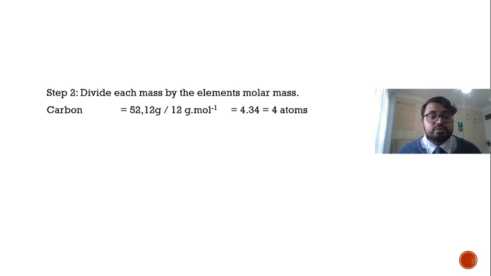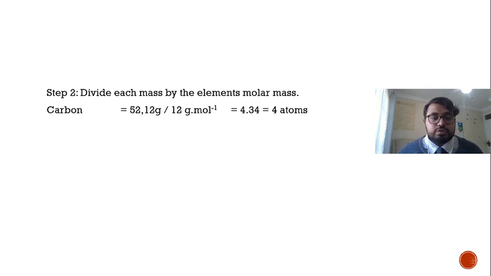So for carbon, we have 52.12 grams, and its molar mass is 12 grams per mole, and that equals 4.34, which we will take as 4 atoms of carbon. For the empirical formula only, we're assuming that the number of moles we calculated can be used as a representation of how many atoms we have in the compound.